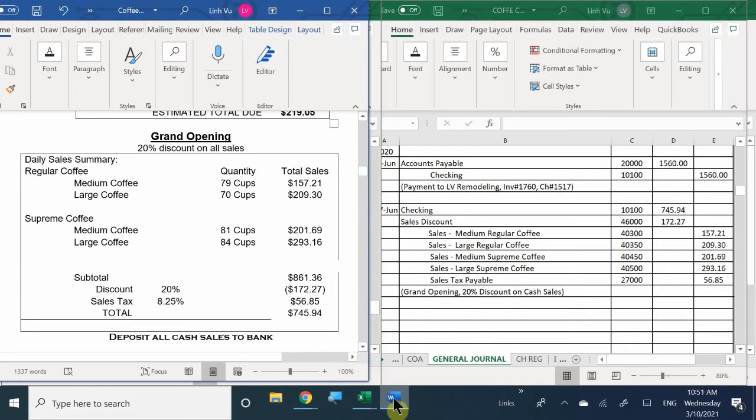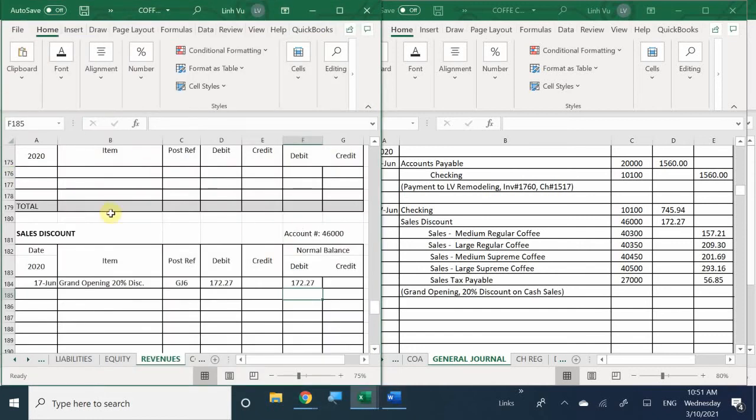But in this case, I had a discount, so therefore I'm only receiving $745. So once again, that discount is off the selling price, not the actual cost of the coffee itself. You're not taking a discount off what you purchased it for. You're taking a discount off of the selling price that you set.